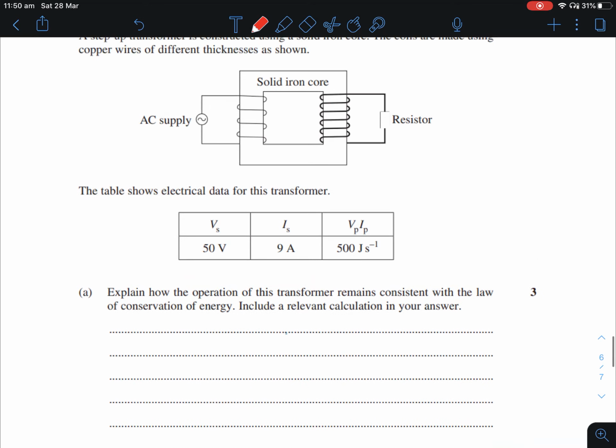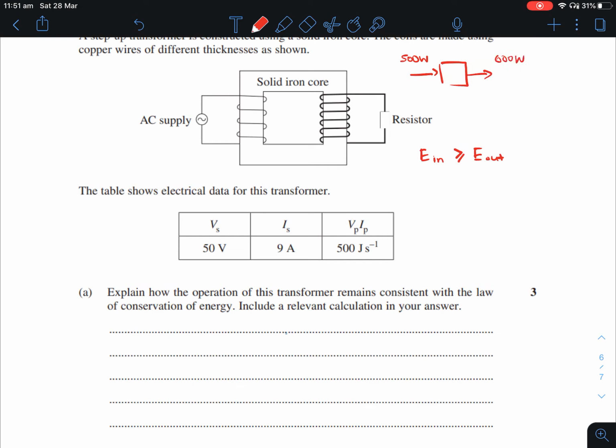So we know that the law of conservation of energy tells us that whatever energy we put into a system must be greater than or equal to the energy that we get out. We can't get more energy out than we put in. So if I put in 500 watts, I can't get out 600 watts.